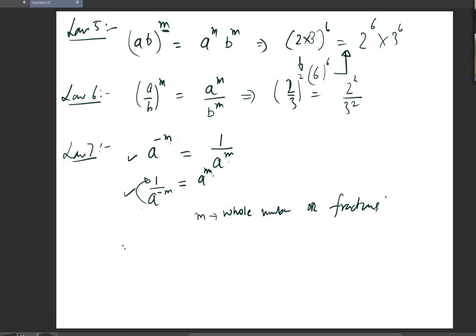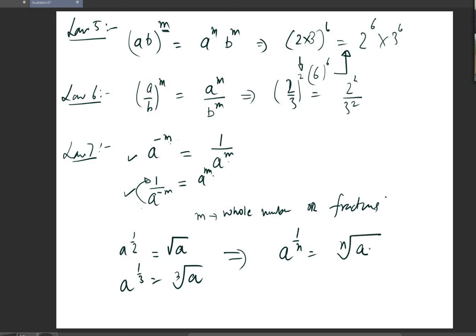If you have a raised to the power of half, in the world of surds I write it as square root of a. If you have a raised to the power of 1 by 3, I write cube root of a. So rational indices give birth to surds. That is how we connect the dots between exponentials and surds. I can generalize this to say a raised to the power of 1 over n is the nth root of a. This is the starting point of any surd.